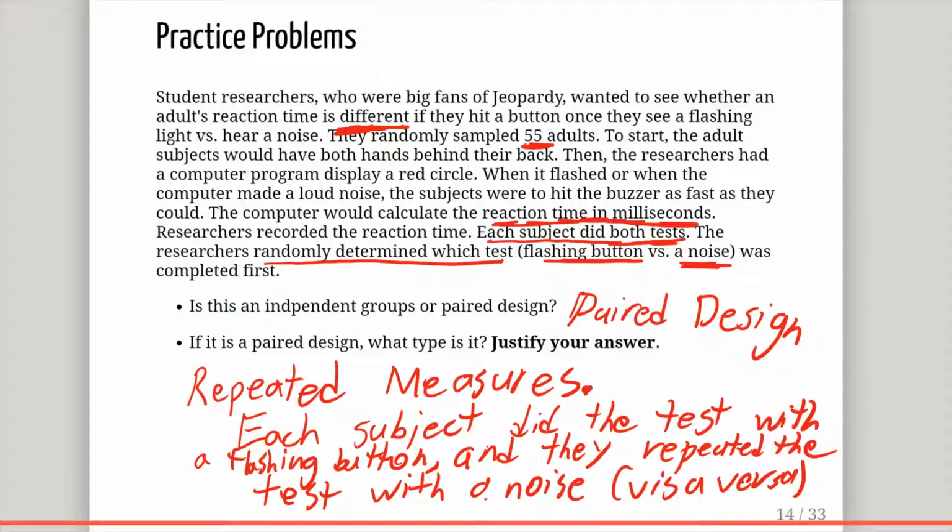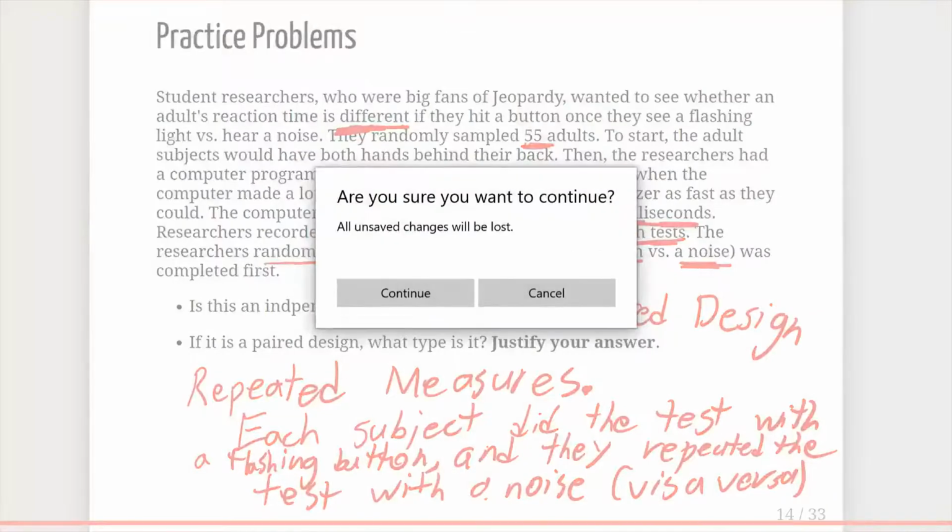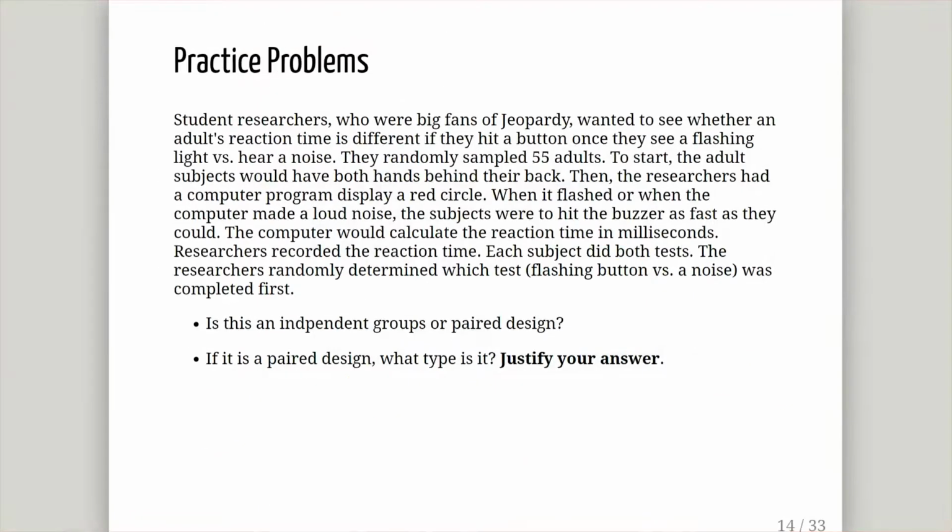So each observational unit pair will have the difference in reaction time, and that difference will be computed using milliseconds. Reach out to me if you have any questions about this problem.